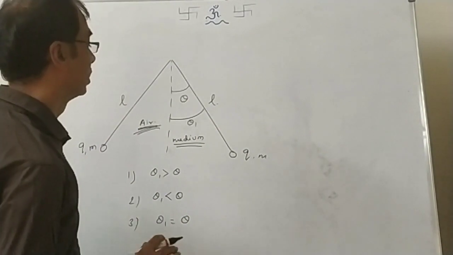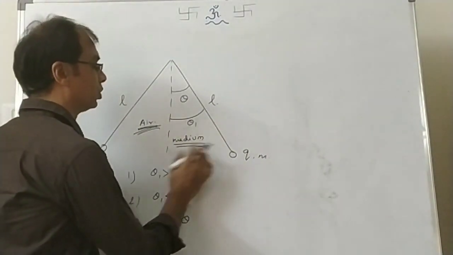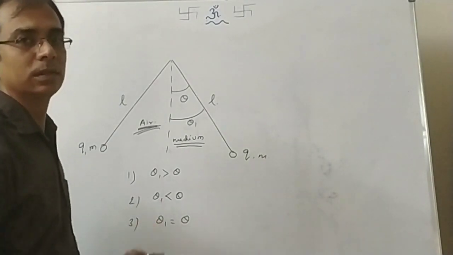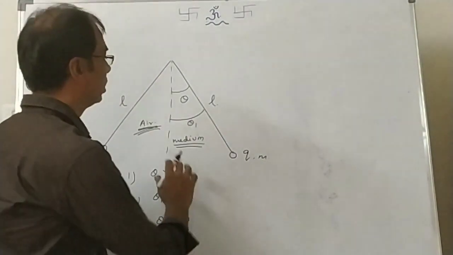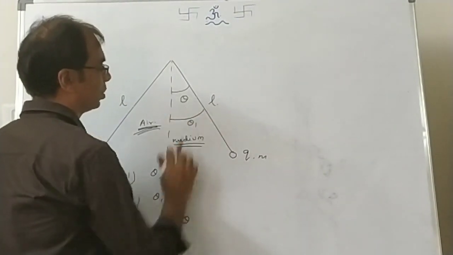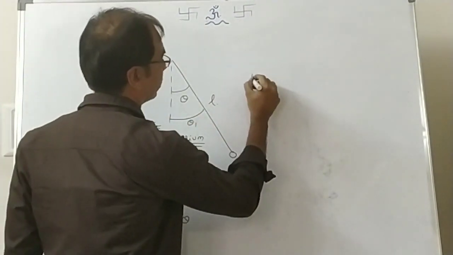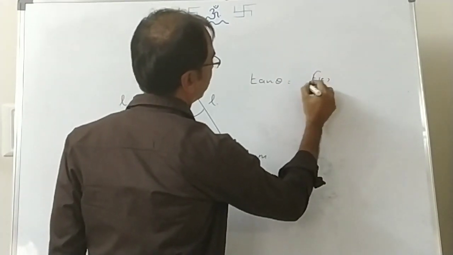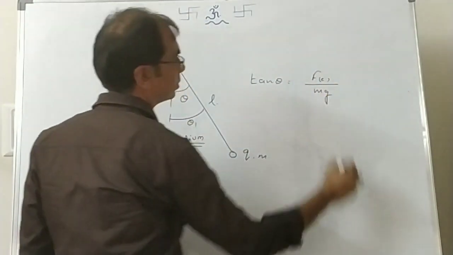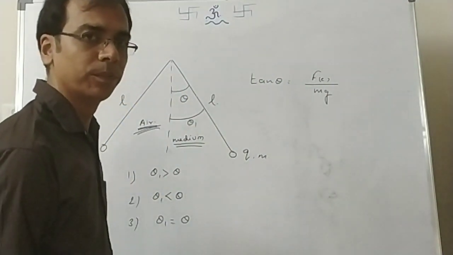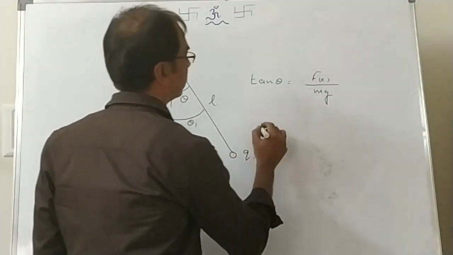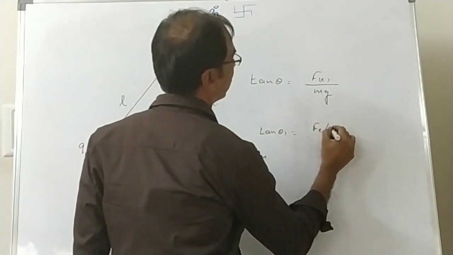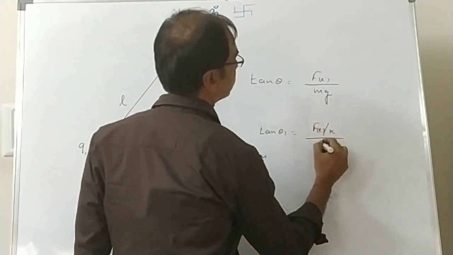As we studied, when you put the two charges in a medium, the electrostatic force between them gets decreased. Earlier, if you remember, we have studied that tan theta was the electrostatic force between the two charges by mg. In a medium, tan theta 1 is Fe by k by mg.